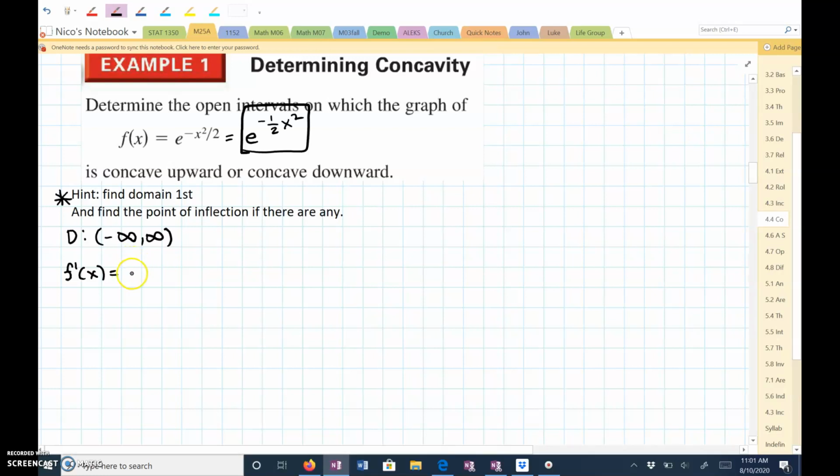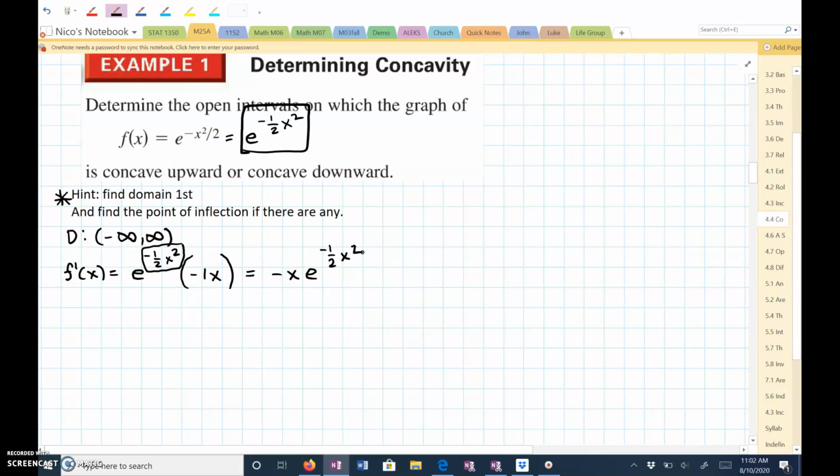So this is going to be e to the negative 1/2 x squared power, and then we need to take the derivative of the power, which would be negative 1 x. So this is going to be negative x e to the negative 1/2 x squared power.